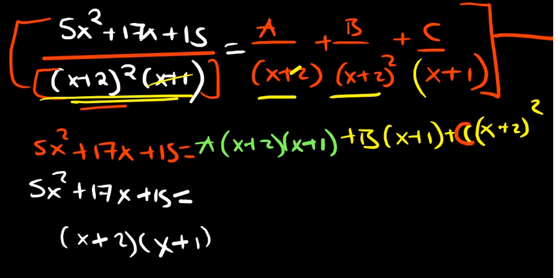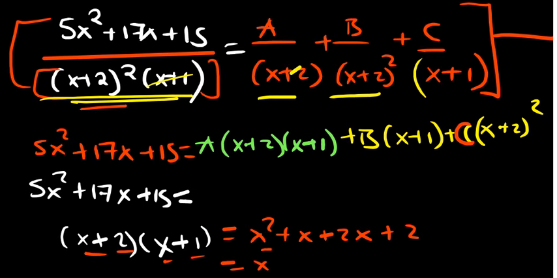X multiplied by x is x squared. X multiplied by 1 is x. 2 by x is 2x. 2 by 1 is 2. So what you have is x squared plus 3x plus 2.